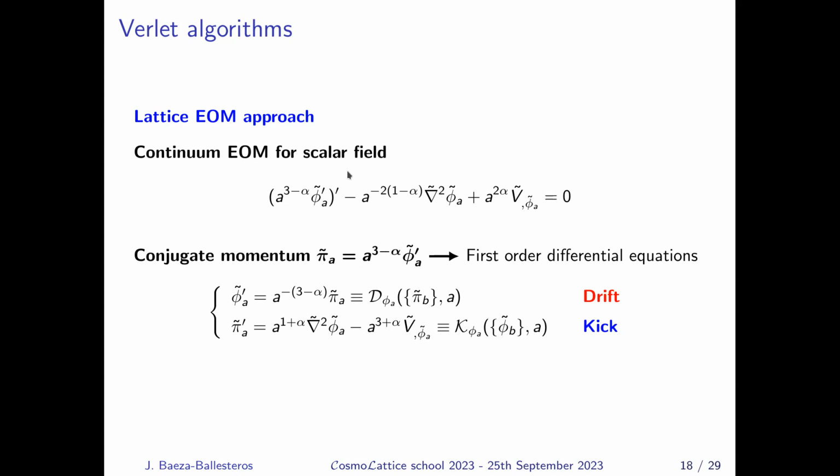And then we are going to use this to rewrite our second order differential equation as a first order differential equation. So you can also think that this could have been done before for the previous approach, and you would be completely right. The thing I showed you before was just how to do that from the action, and now I'm doing it from the equations of motion.